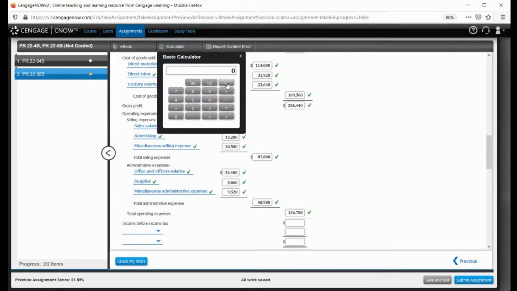So I'm going to put in my gross profit in my calculator of $286,440. I'm going to subtract out the total operating expenses of $136,780, and the total is going to be your income before income taxes.